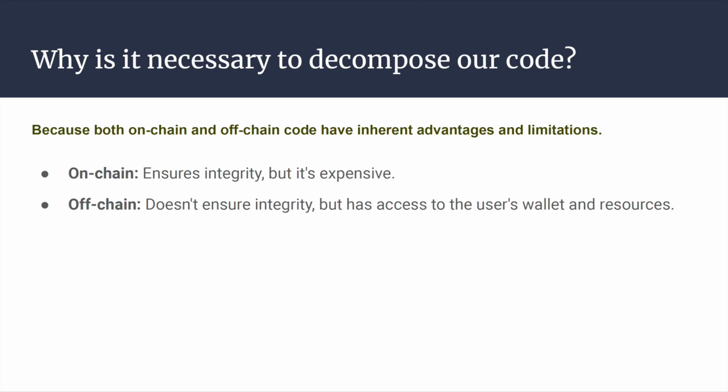So we want to really keep the execution costs as low as possible. So this is why we basically only encode the minimal conditions that we need for our logic in the on-chain code. And then we outsource everything else to the off-chain code.